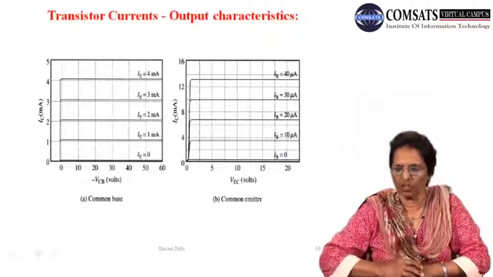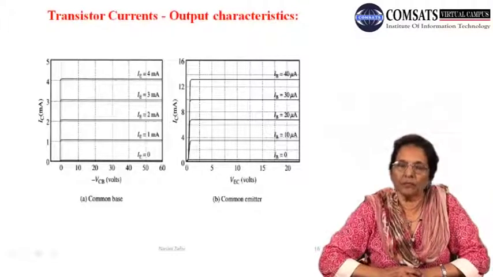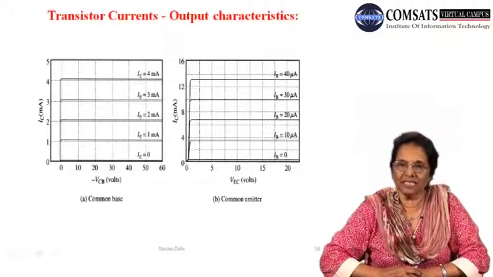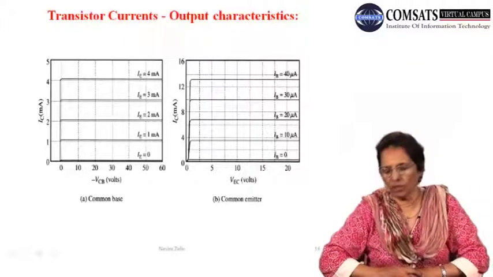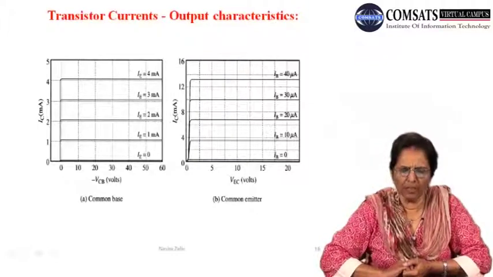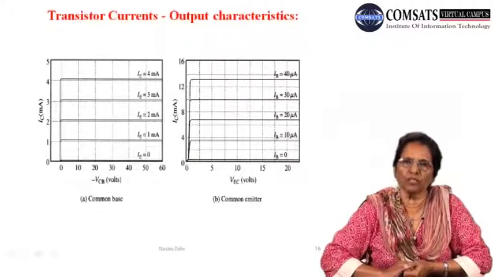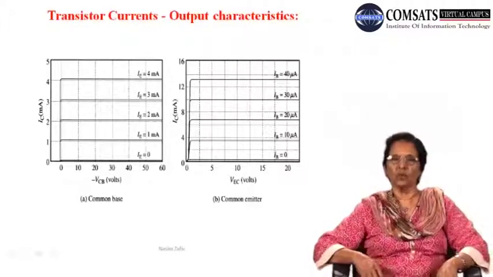Similarly, you can also appreciate the voltages applied between the collector and emitter, which is VCE, and between the collector and base. Normally in the common base configuration, we can go as high as, let's say, 50 volts.